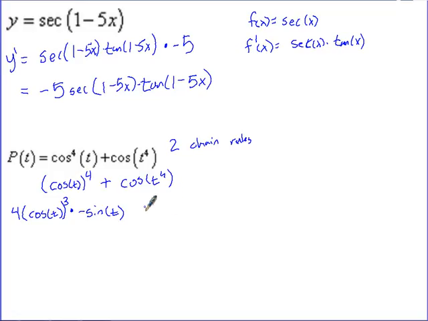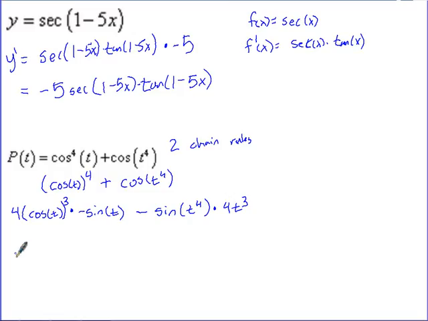T to the fourth. So this one's going to be, okay, the derivative of the outside, negative sine of the original, t to the fourth, times 4t cubed. Now simplification in this case is really not that much, but I can just put things up front like I needed to.